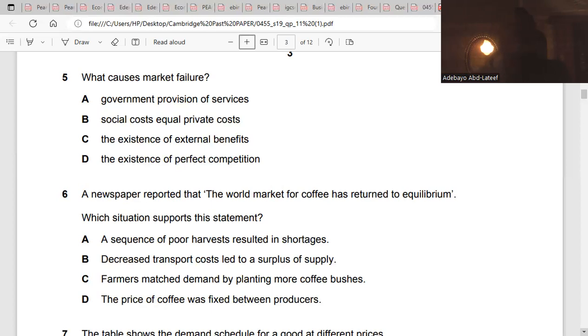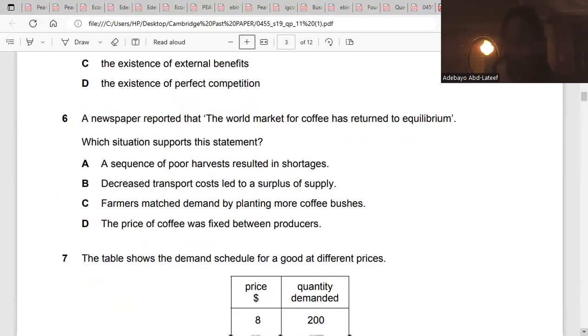So if we don't have it, then we talk about market failure. Whatever firms produce, whatever individuals produce, whatever government produces, it should be beneficial to the third party. If it is not beneficial to the third party, it becomes a market failure. So the answer is C. Is it clear?